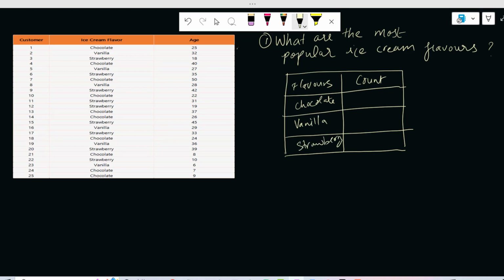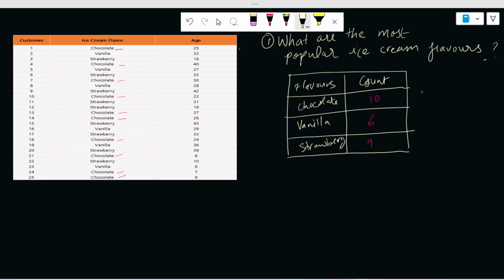Against each flavor we count how many bought it. For chocolate, let's say 1, 2, 3, 4, 5, 6, 7, 8, 9, 10. So 10 persons got chocolate. Similarly, we count strawberry and vanilla and it comes out to be 6 and 9. So this is a frequency table, and we can see that chocolate is the most popular ice cream flavor.